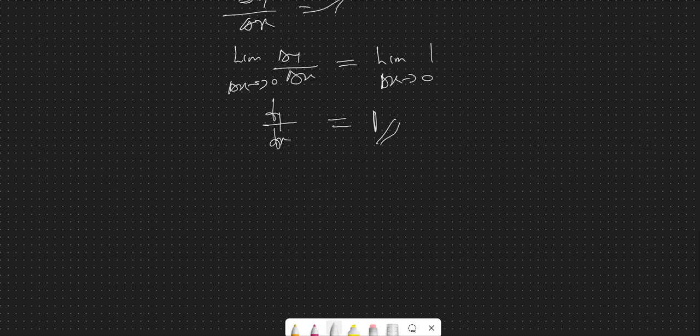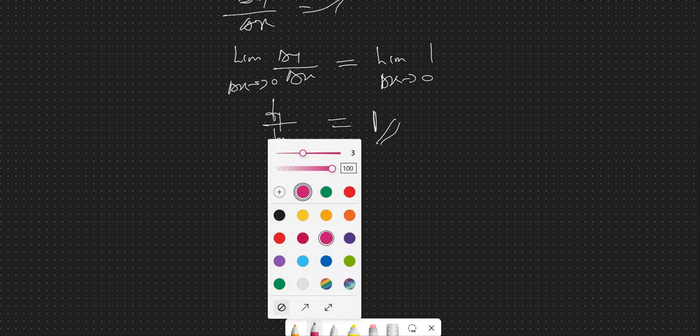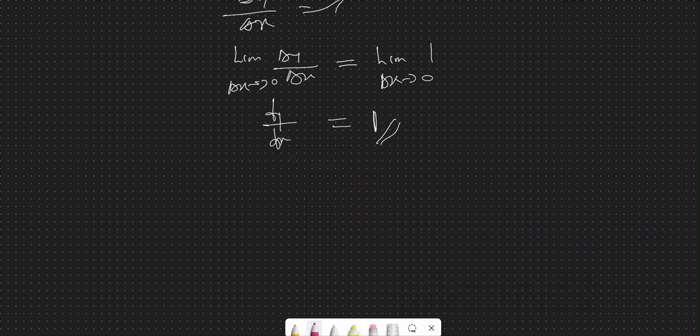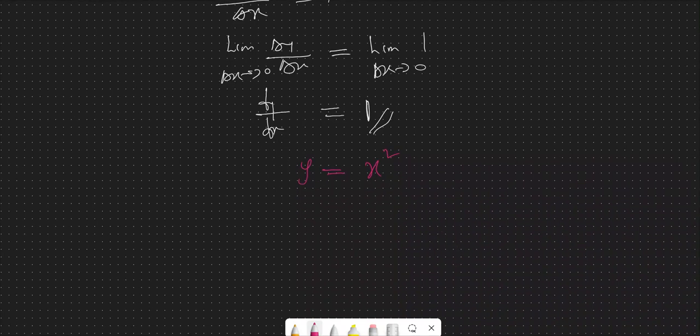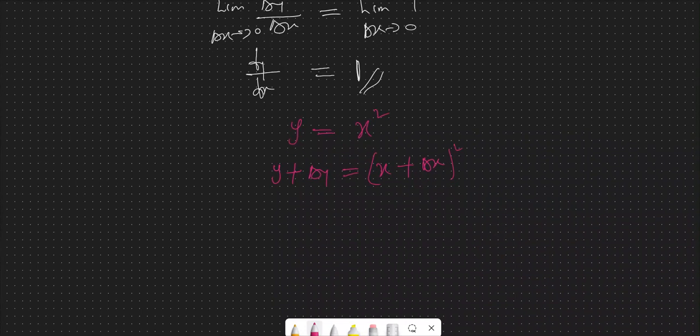Let's say we have another question like this: y equals x squared. All right, so if we have y equals x squared, we can say we have y plus change in y equals x plus change in x all squared.